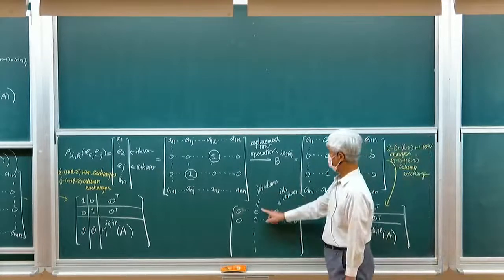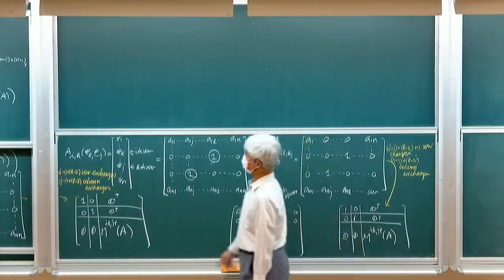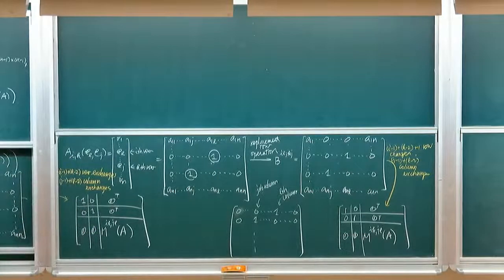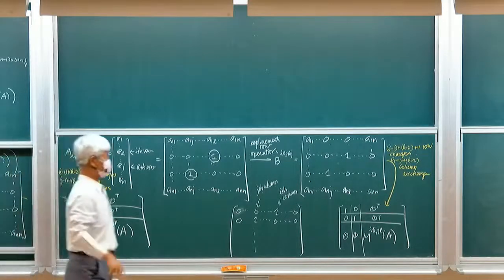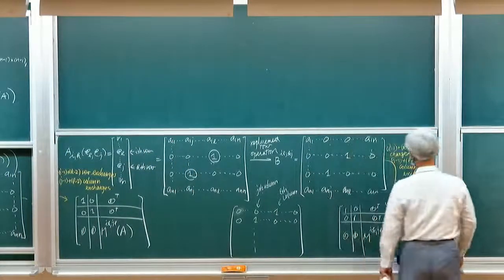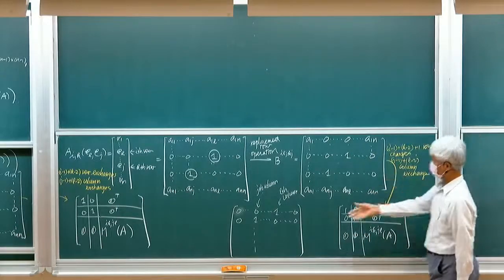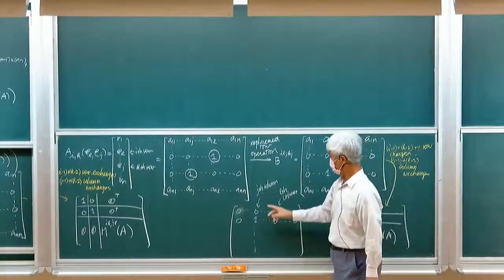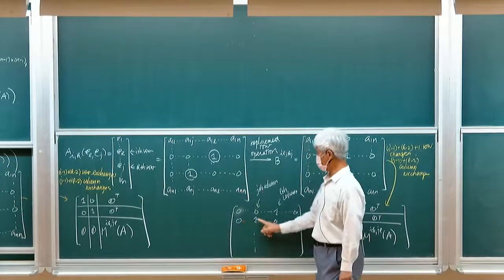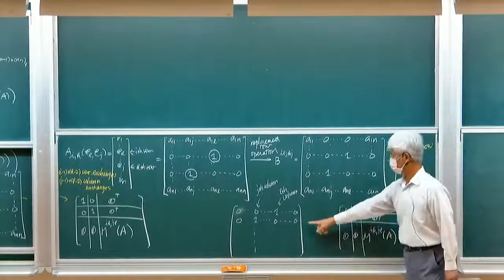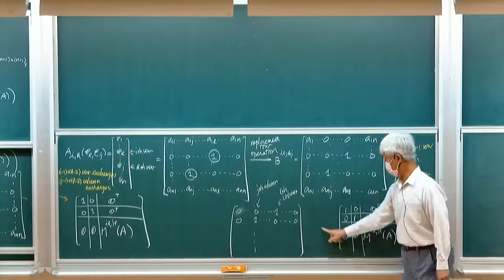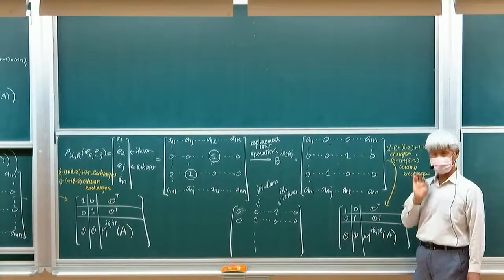This is because the J index can be as small as 1. But for L, the least possible value is 2. So without the extra row exchange, if J equals 1, it's impossible to transform this matrix to this one by using column exchanges only.